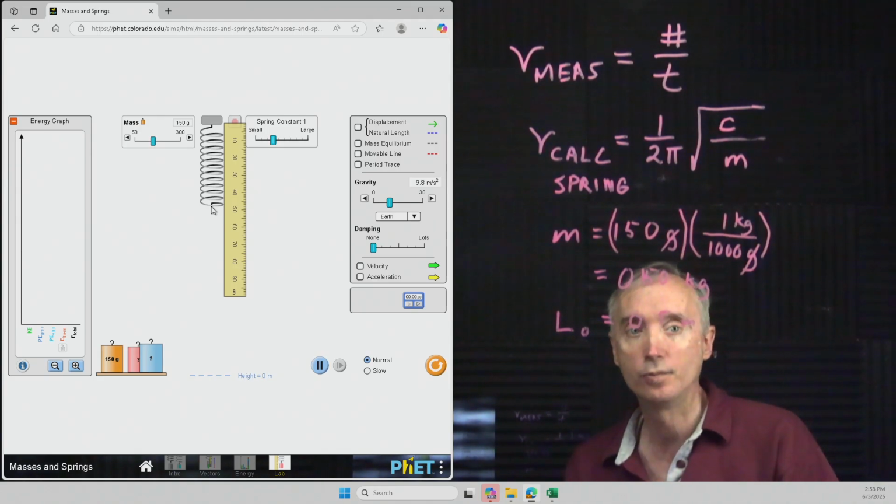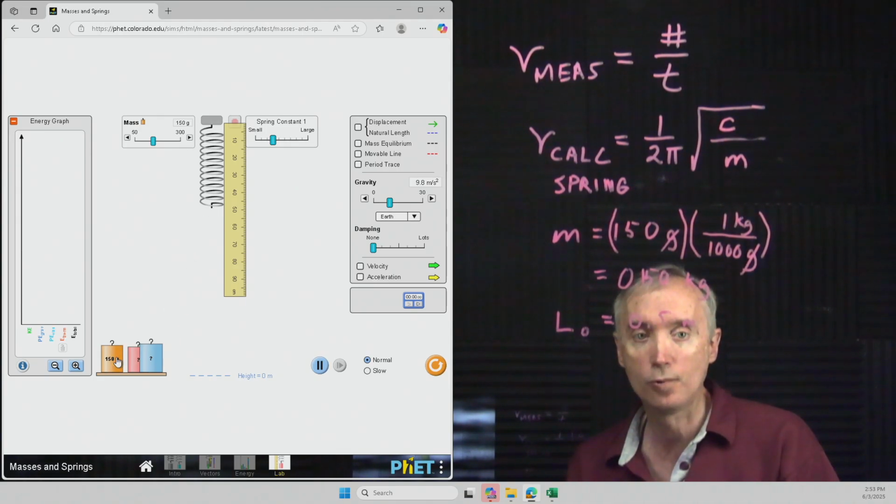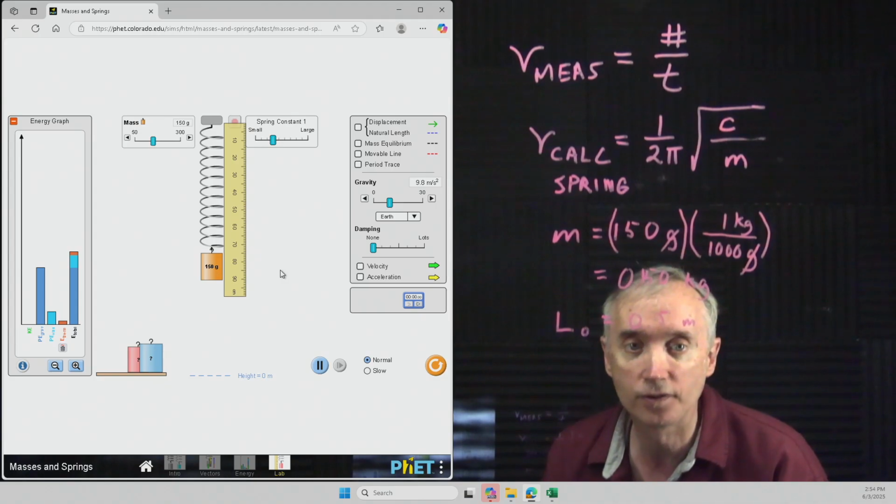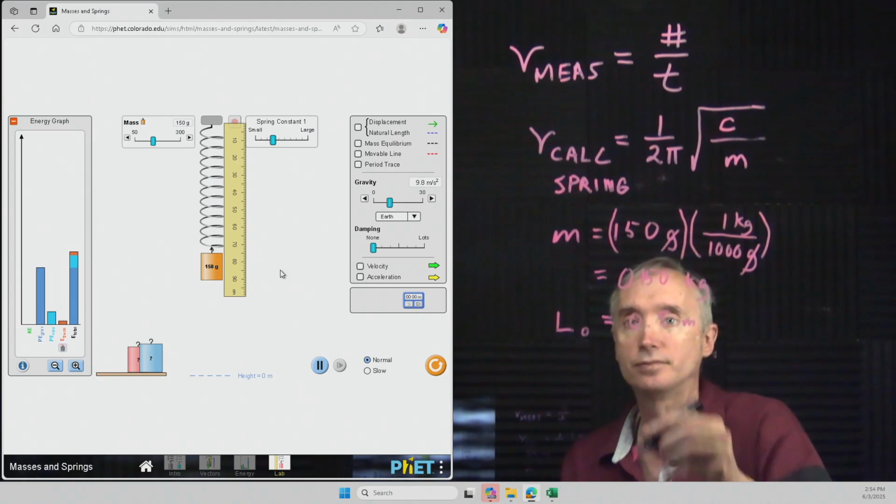Okay, then we're going to take the weight and put it on there and make it come to a stop there. Now it's stretched out, so it's a new length. Let's just say, for the sake of argument, that it is 0.8.